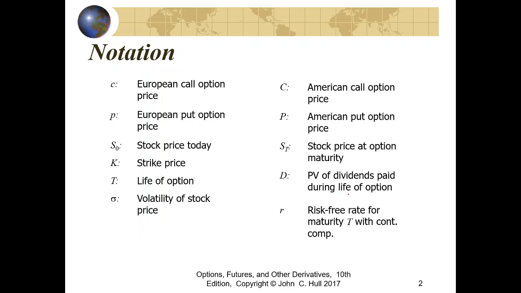And pay attention to the fact that D only includes dividends paid during the life of the option. Sigma is the volatility of the underlying stock price, and r is the risk-free rate for maturity T with continuous compounding.